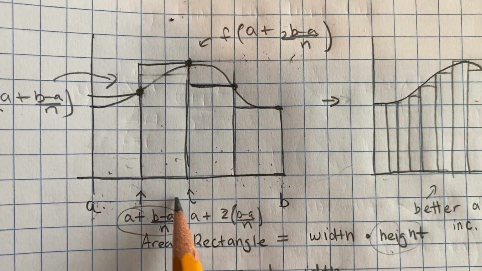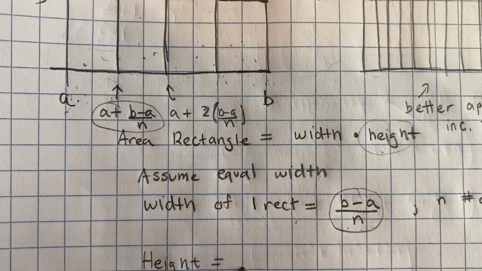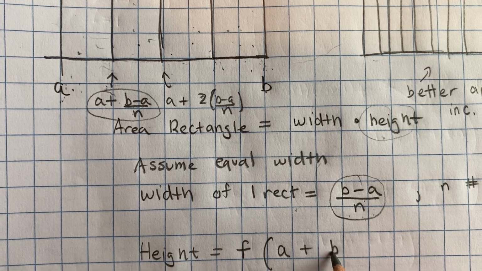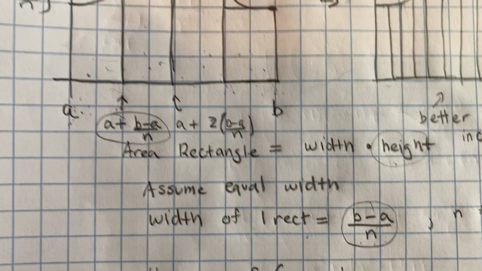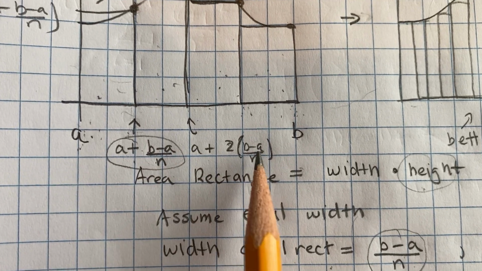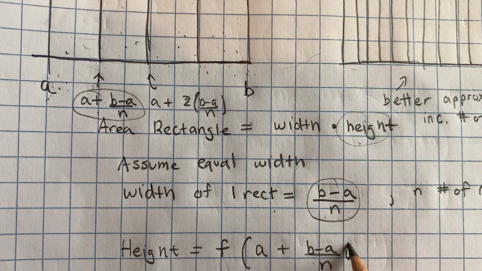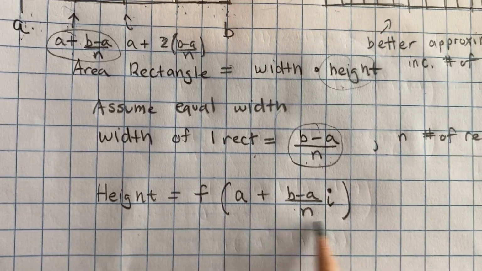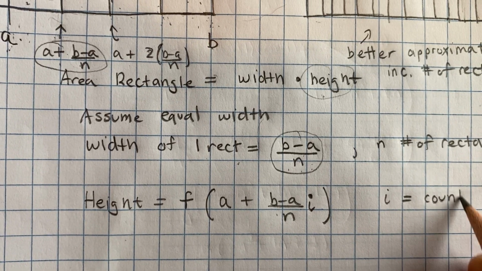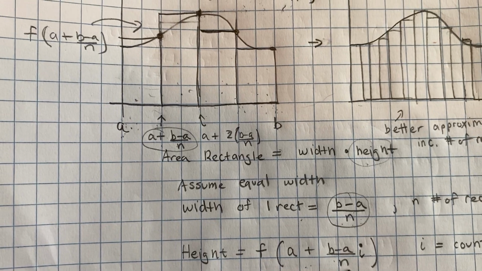Because I just take this term and add b minus a over n. All right, so the height in general would be f of a plus b minus a over n, right? This would just be for the first term, but basically this term here on the right just keeps increasing, and if it keeps increasing, we'll just make it into a counter. We'll call it I, and that will be the height. Okay, so I is your counter, and so hopefully you can kind of see algebraically why the height is f of a plus b minus a over n.